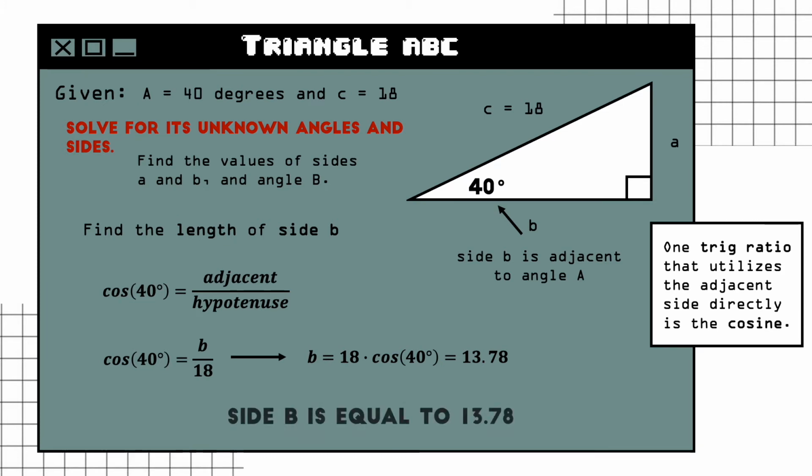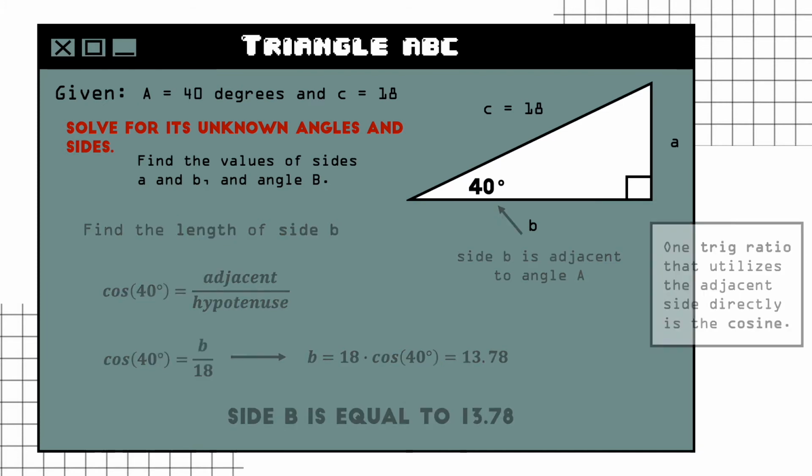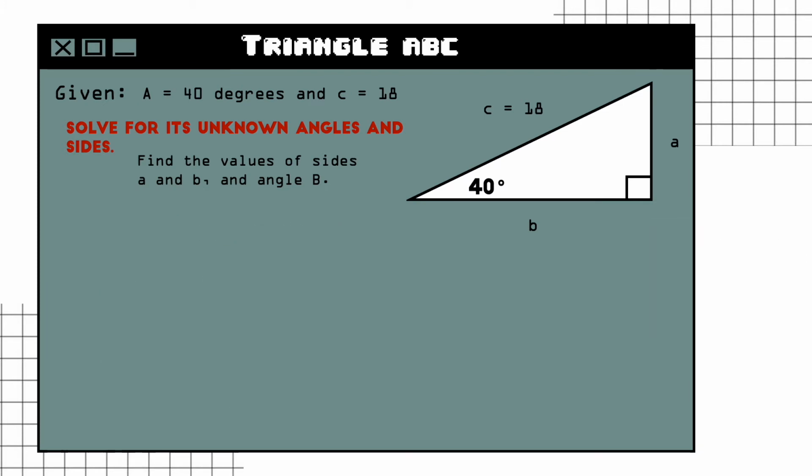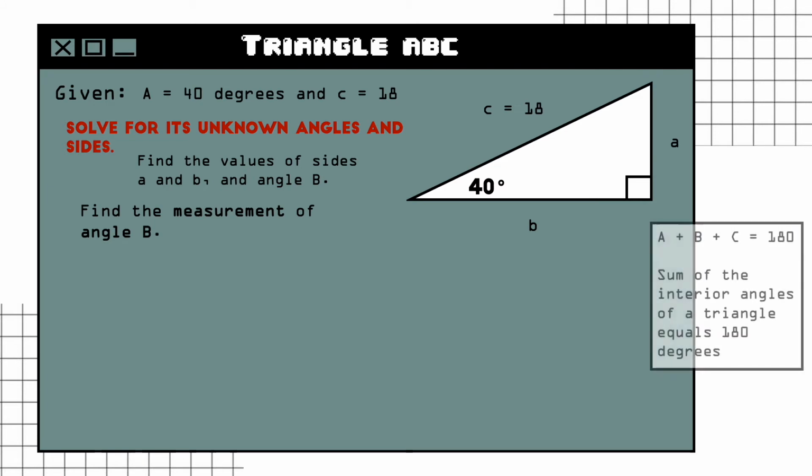We find the next and the last missing component of our triangle, which is the measure of angle B. We know that the sum of the internal angles of a triangle is equal to 180 degrees. Then we can say that A plus B plus C equals 180.